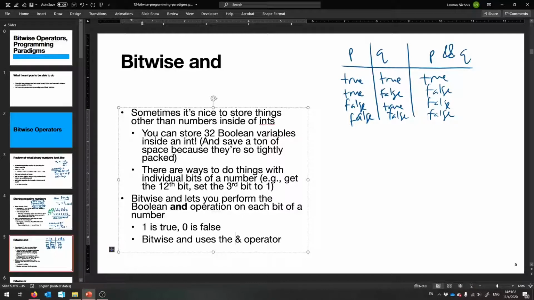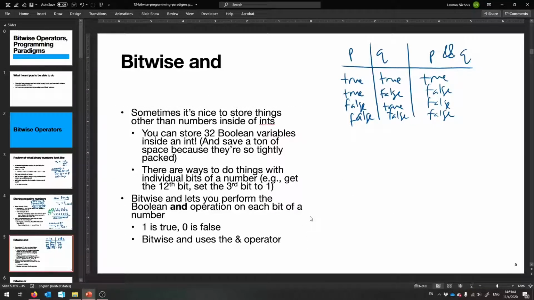If you didn't think the ampersand was overloaded enough, there is a third thing you can do with it, and that is bitwise AND. So let me show you the idea.